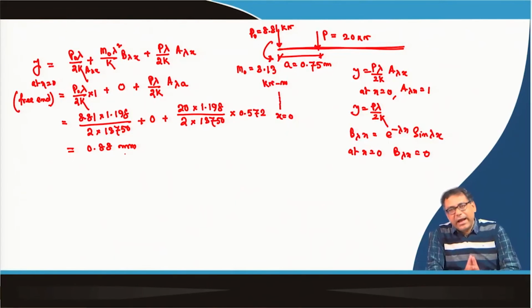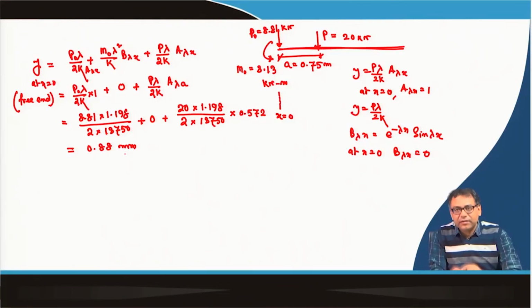So, this way we can calculate the settlement or bending moment or shear force or the slope at any point, but we have to consider these three forces. One is the P, which is the external concentrated load applied. The other two are the end conditioning forces to make the net bending moment and the shear force at the free end 0. Clear? So, we can also calculate what would be the settlement at the point where the load P is acting.